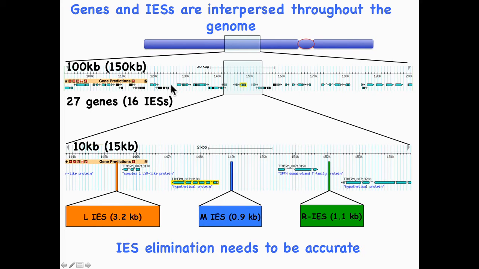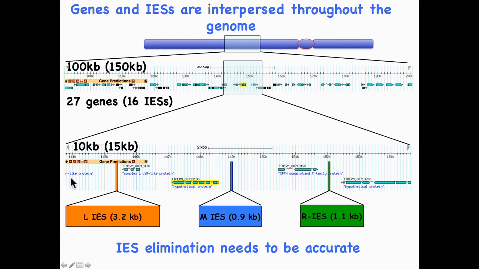If we expand to this 10 kb region, which is probably one of the best studied regions of the Tetrahymena MAC chromosomes, it's about 15 kilobases in the MIC genome, where there are 3 of the best studied IESs, especially the MIS, which I'll talk about, the RIS and the LIS, and there are 4 genes, or the 5th gene right over here.